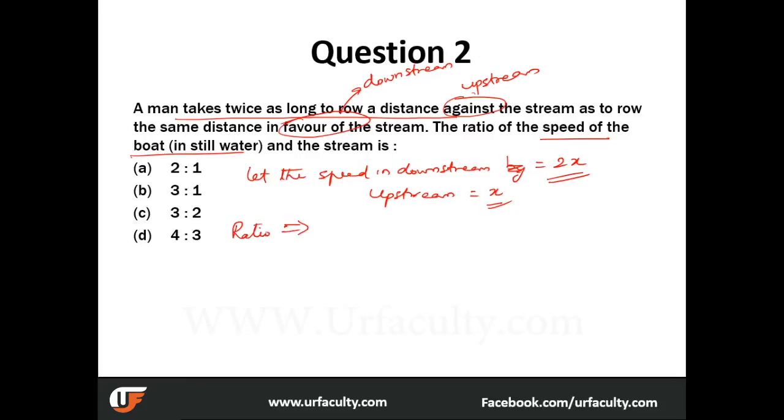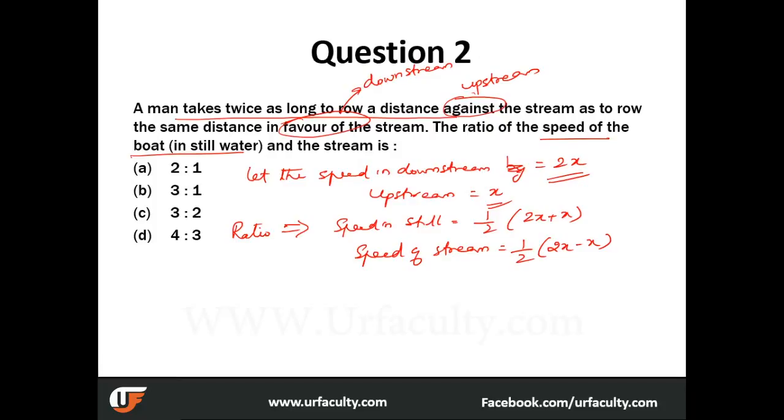So the ratio, right? What are they asking for? Speed of the boat in still water. What is speed of the boat in still water? Is equal to half into speed in downstream plus speed in upstream. Then speed of stream is equal to half into 2x minus x.